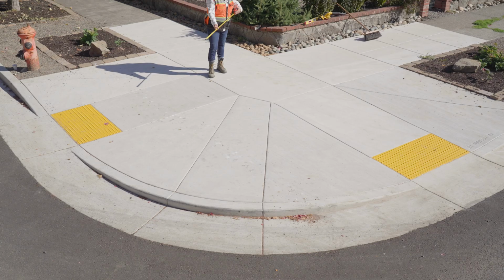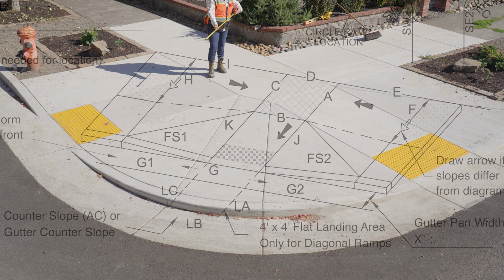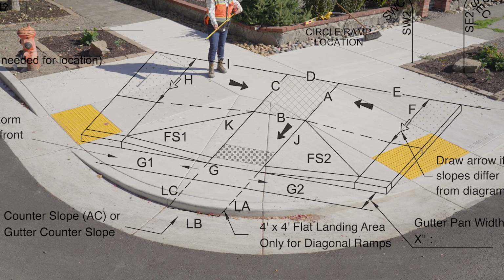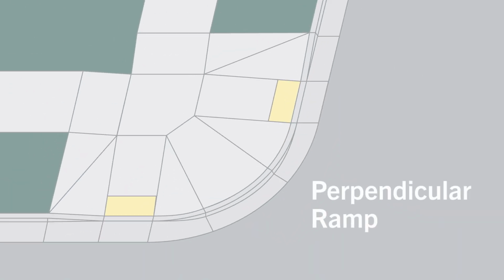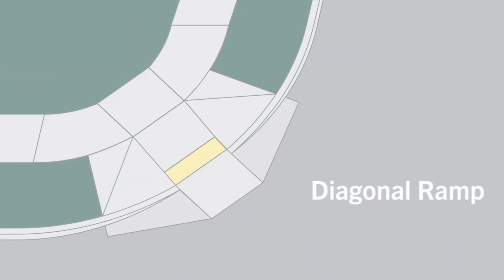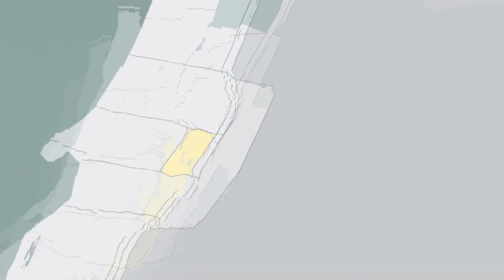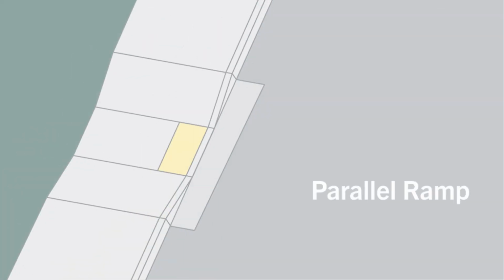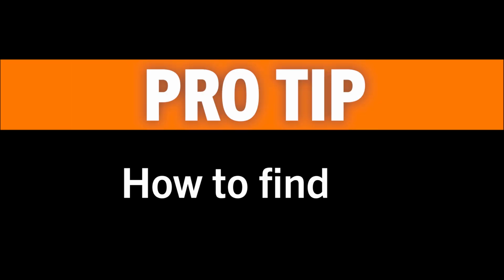Now, one of the first things you'll probably notice is that the ramp in front of you may not look exactly like the ramp diagram on the form. That's because, as you saw in the first video, there are a variety of ramp styles, and each has to be customized to its unique location and characteristics. So here's a pro tip on how to find A on any ramp.